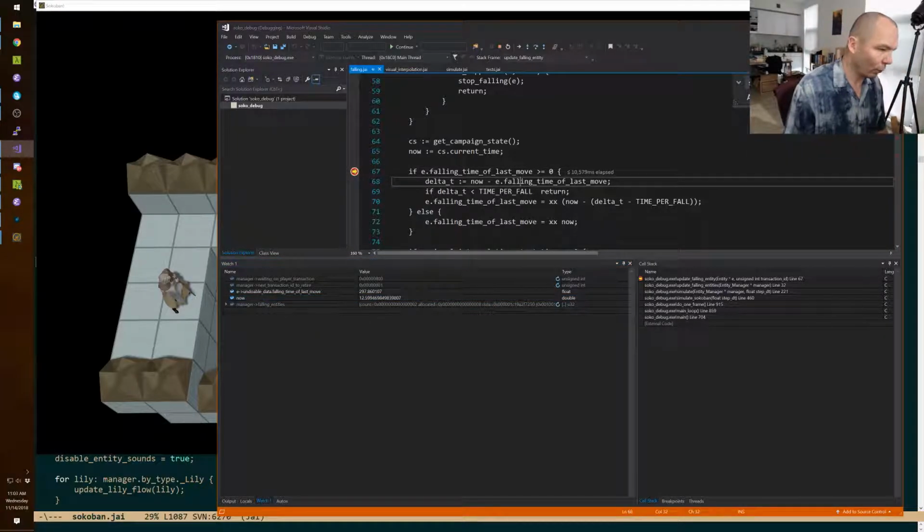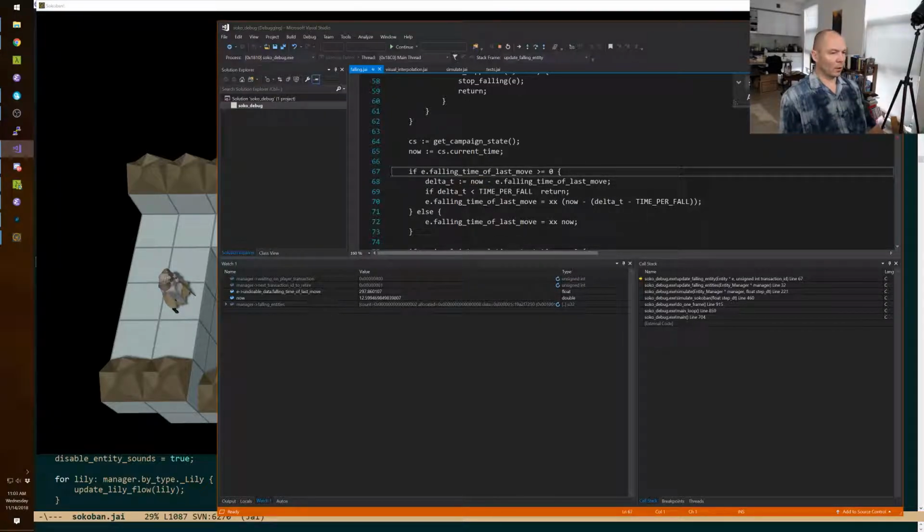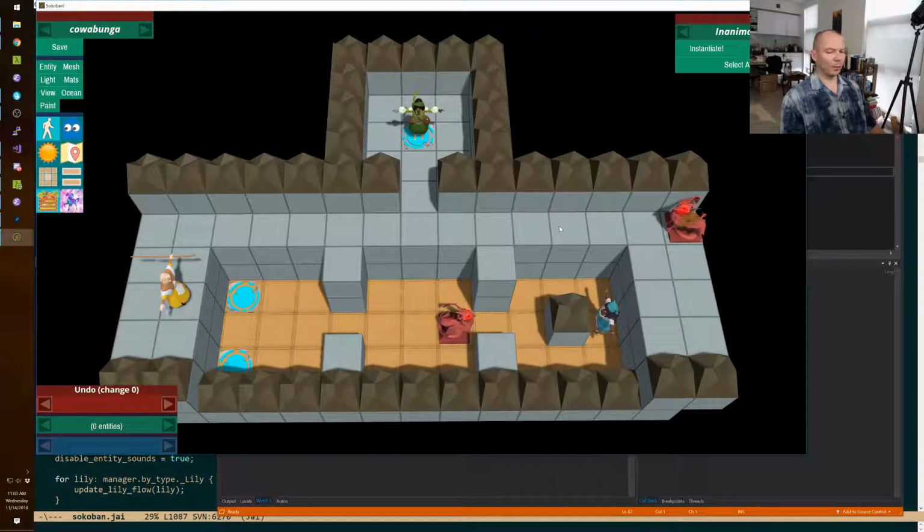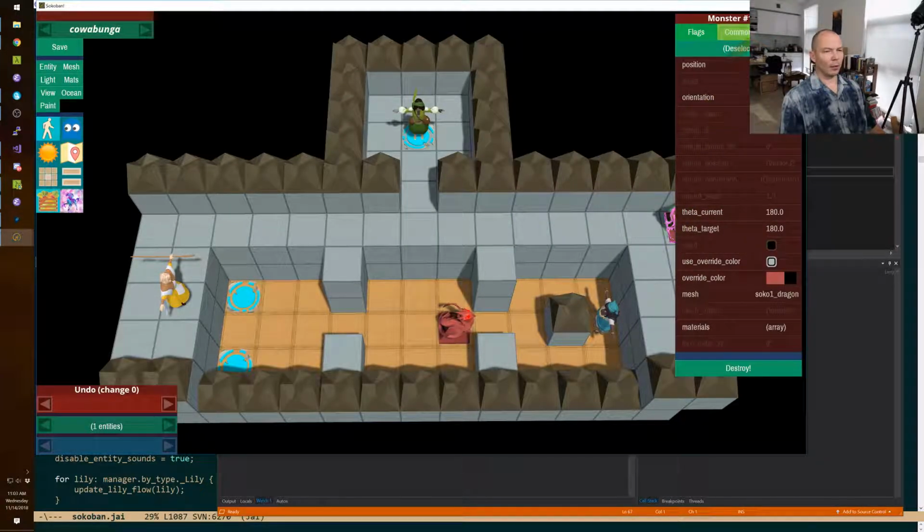Let's confirm that, and then we could reset things on load or something. So if these got saved badly, I don't think we draw falling, but we can look in the file.